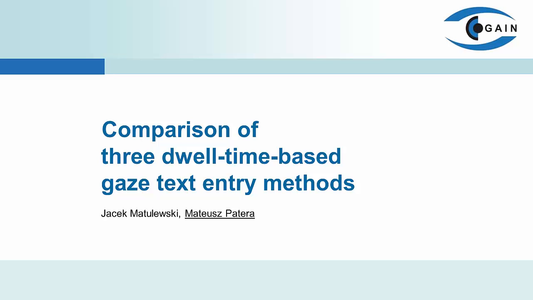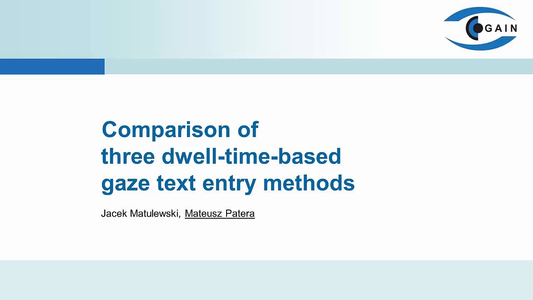At the beginning, I would like to present three types of gaze keyboards, which were the explanatory variable in the hypothesis we considered. Gaze text entry (GTE) with use of visual keyboard displayed on computer screen is an important topic for both the scientists dealing with the gaze interaction and potential users, maybe people with physical disabilities and their families.